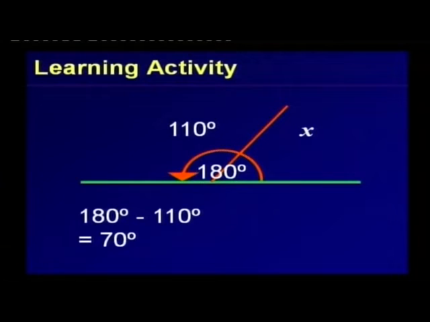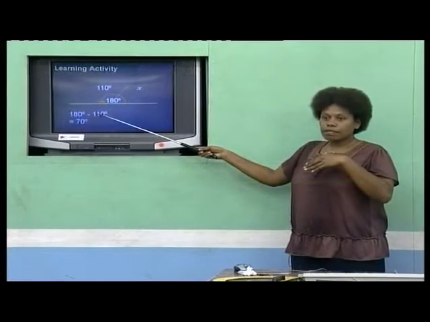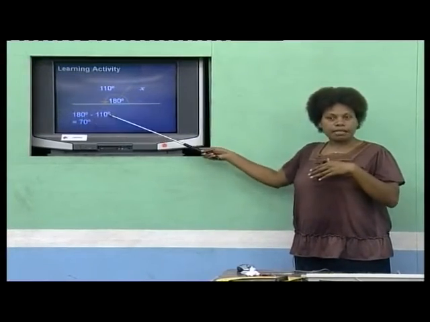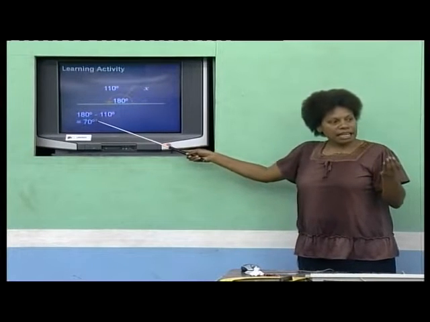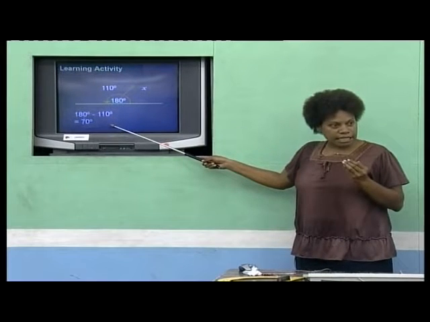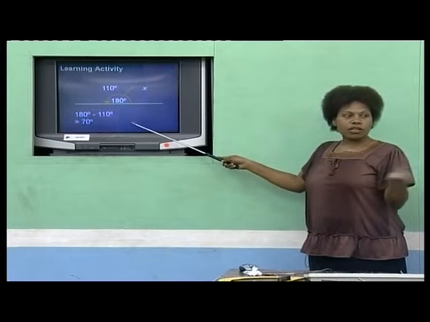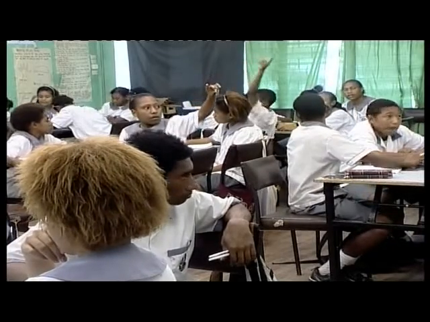Very good. Okay, class? What's the opposite of this calculation? Who can tell us? Here we are saying 180 degrees minus 110 degrees is equal to 70 degrees. What can we say about the opposite calculation, just to confirm that 180 minus 110 is 70 degrees?